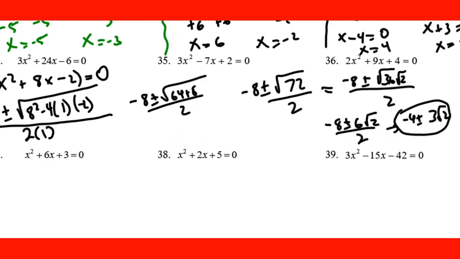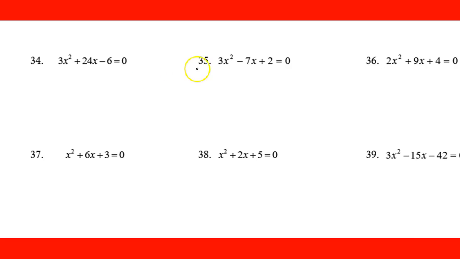Let me clear it off real quick, and we're going to do number 35. You're going to have to use the quadratic on this one as well. Well, do I? Nope. I want to factor this one by grouping.